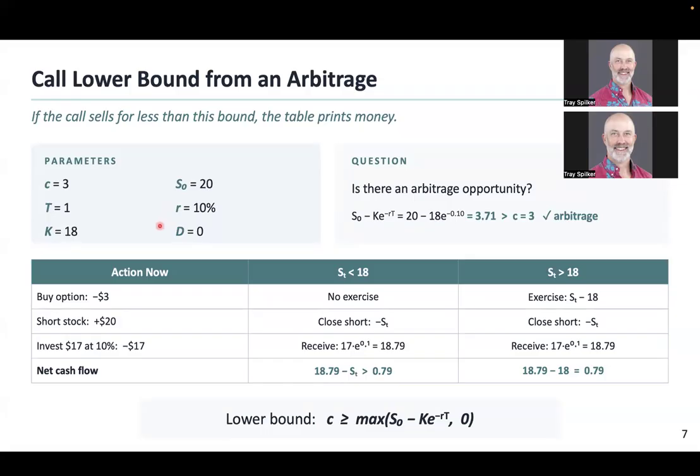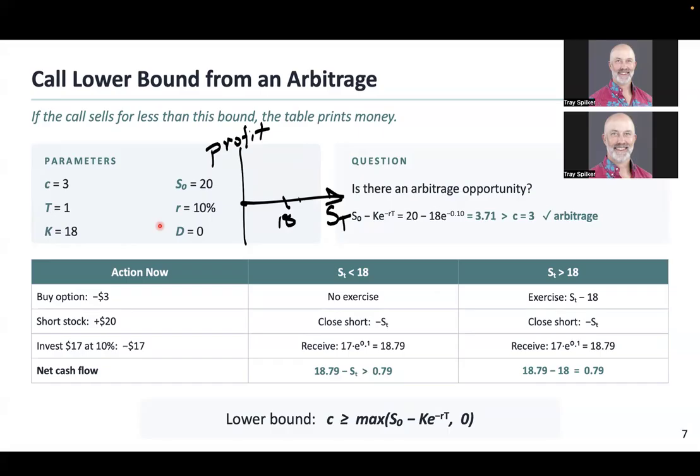All right. So just to give you a visual here, since it's been a minute since we've looked at one of these charts, right? If this is our share price along this lower axis here, and this is our payoff, I'm going to call it our profit function, right? Let's say our strike price here is at $18, and we know that our share price is slightly above that at $20 currently.